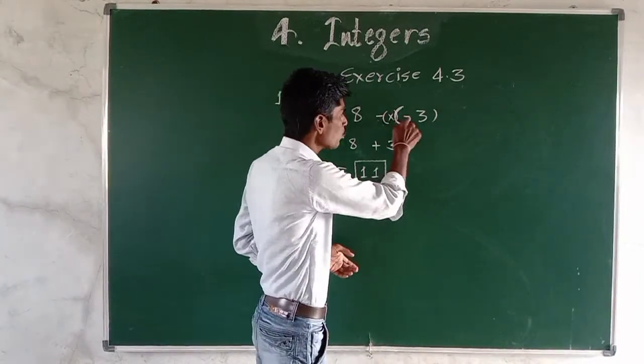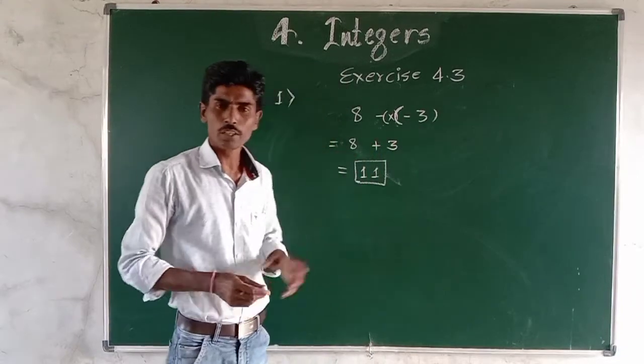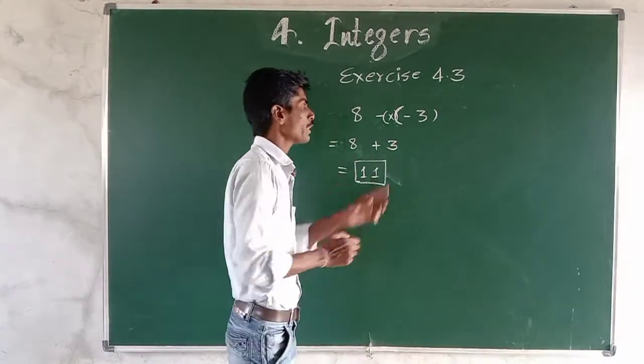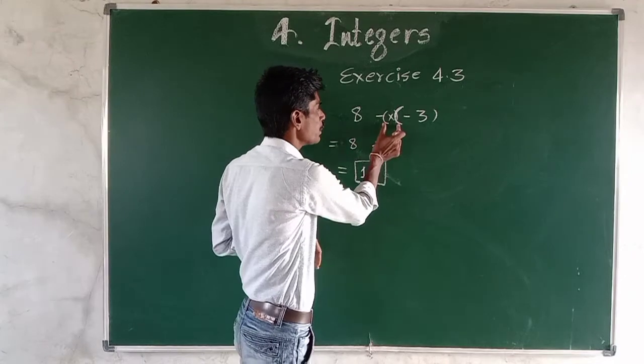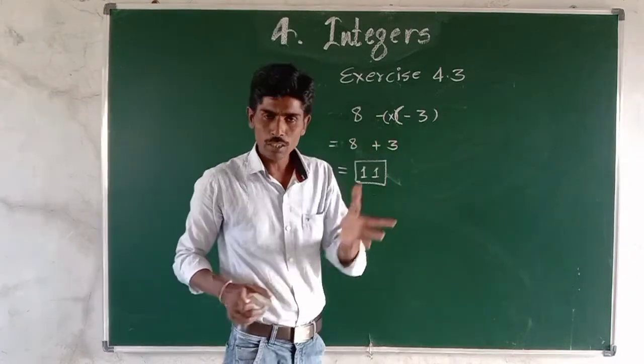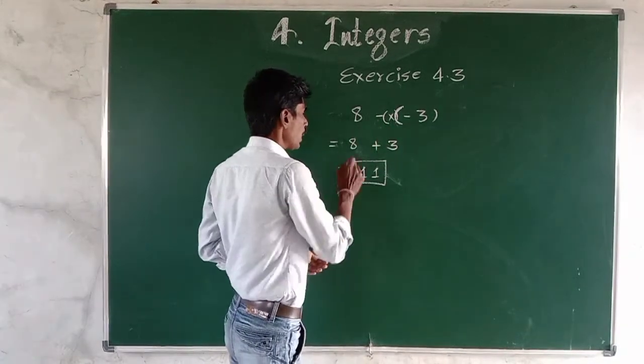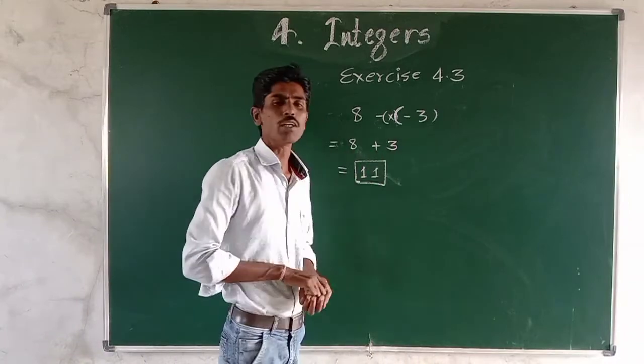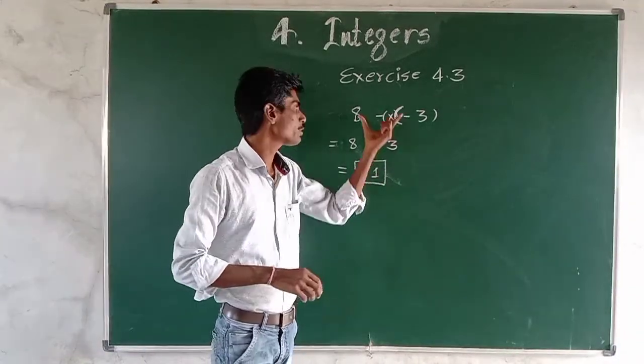So minus into minus, that is a plus. We have already seen that rule: the same signs with a multiplication between them give a plus. So 8 plus 3, that is 11. So this is the answer of this problem.